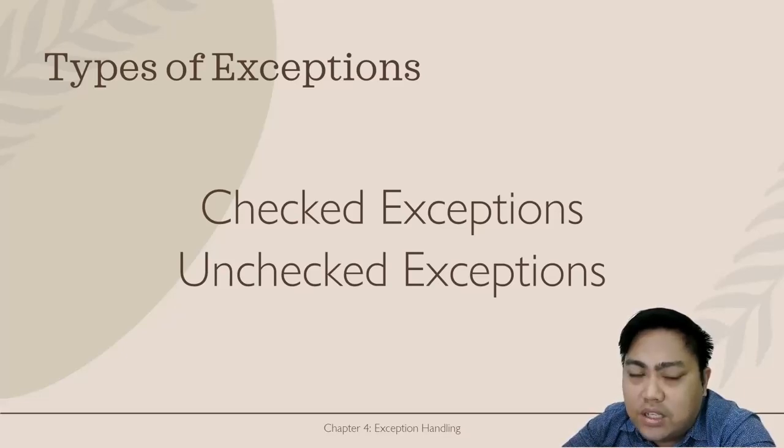So the checked exceptions are checked by the compiler. So this exception must be declared in the method signature with the keyword throws, or handled using a try and catch block. So we can use the keyword throws, or we can use the try catch block.